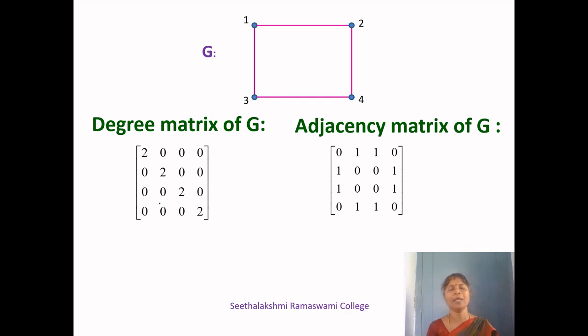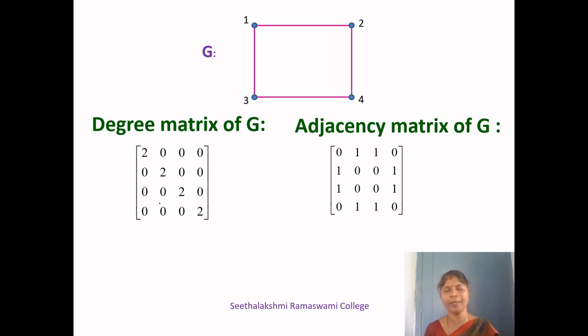Degree means the number of edges incident with the corresponding vertex. Therefore, the degree matrix is [2 0 0 0; 0 2 0 0; 0 0 2 0; 0 0 0 2]. Here, the diagonal entries are 2.